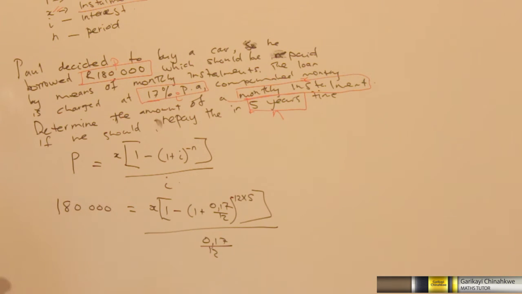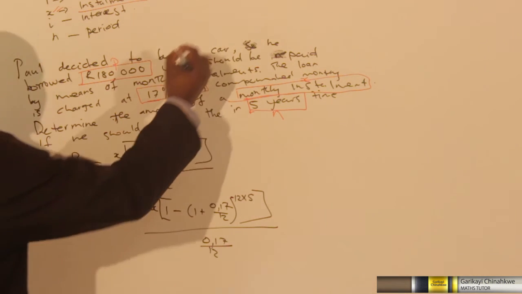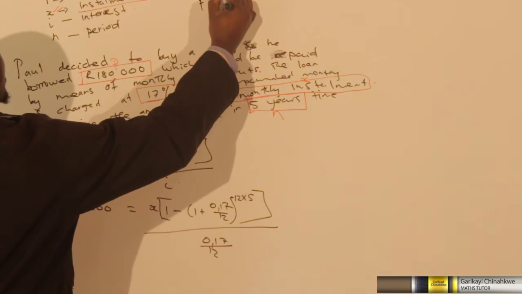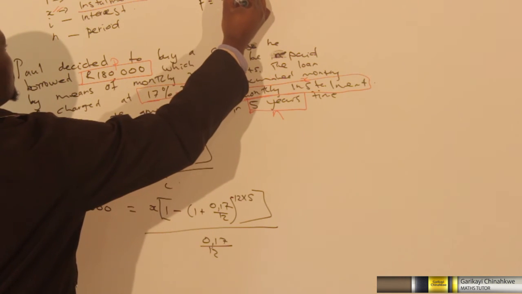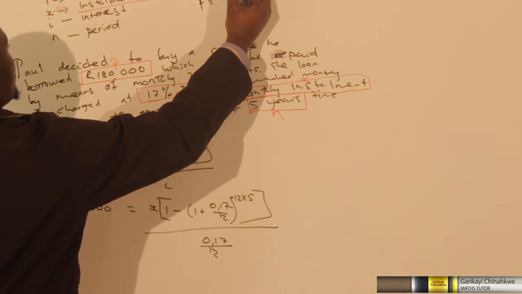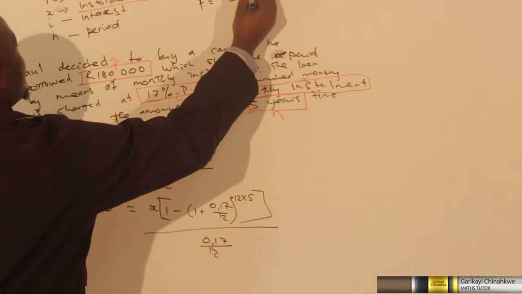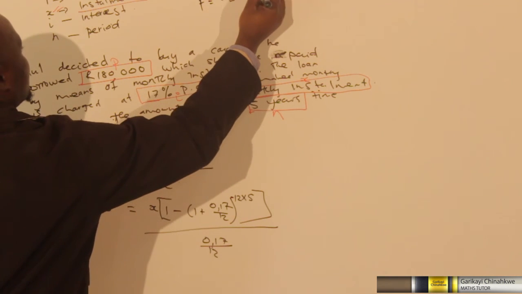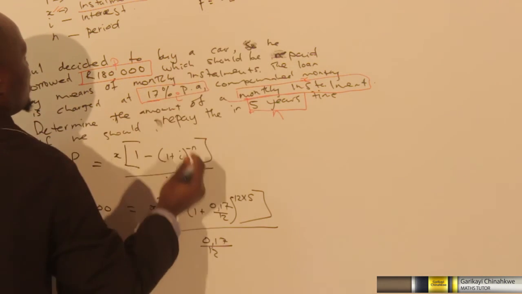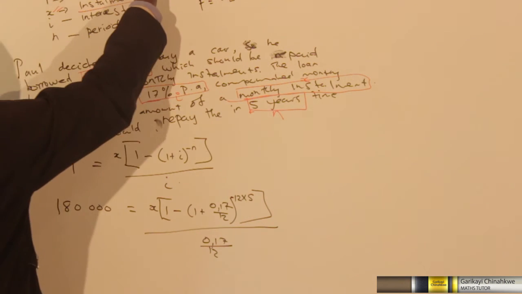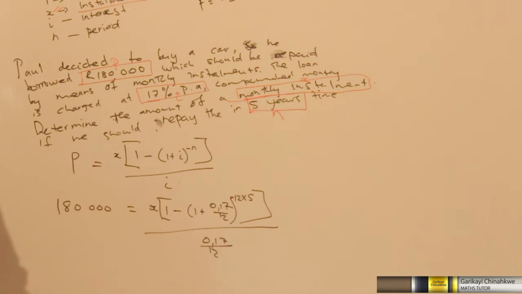Because people make a mistake whereby they say positive. Positive is when it's future value, whereby you say future value F is equal to X, big brackets, 1 plus I to the power of N, there is positive N, it's not negative, then minus 1. Now, with the present value, we've got negative N, okay.